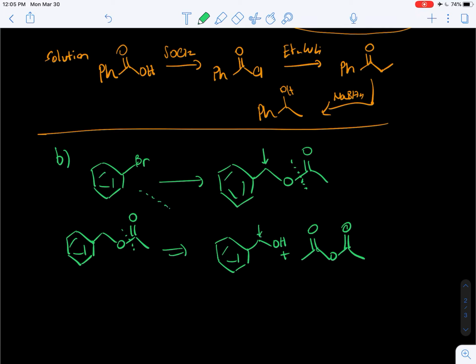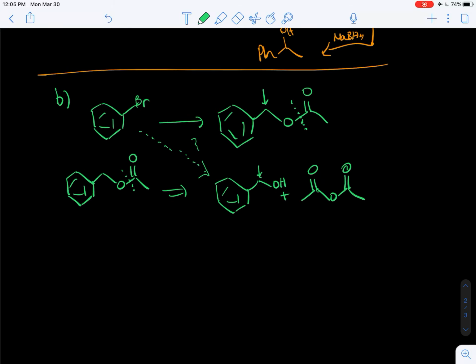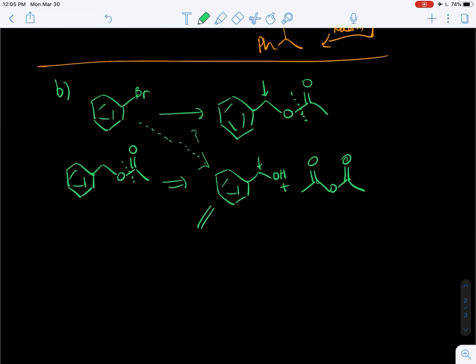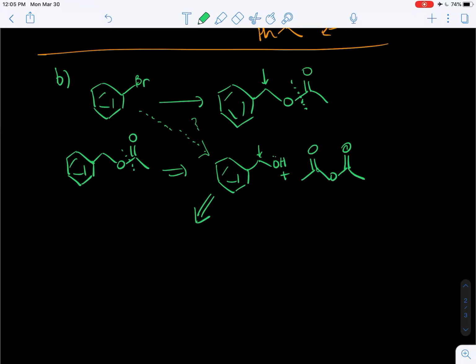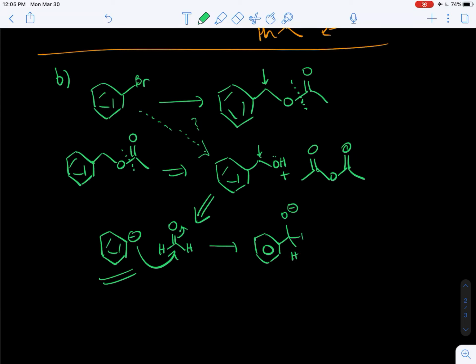Now I need to figure out how I can take bromobenzene and make it have 1 additional carbon. And here's where you want to think backwards through the process, and this can come from formaldehyde, right, which can react with a Grignard, for example, a phenyl to give you something like this, right?